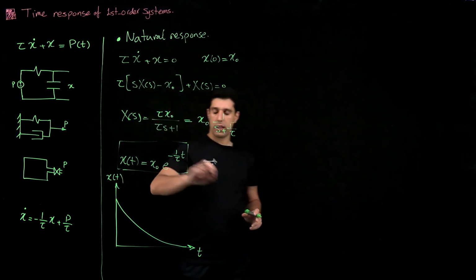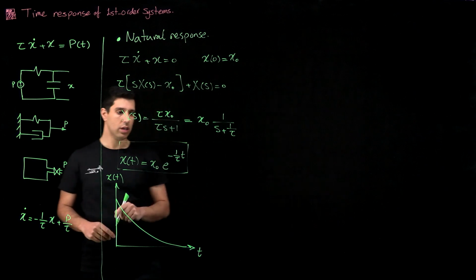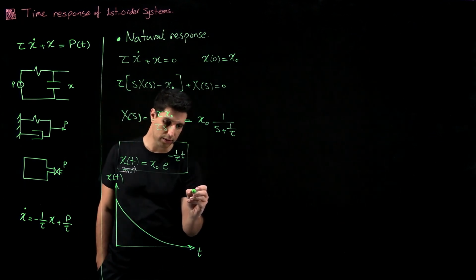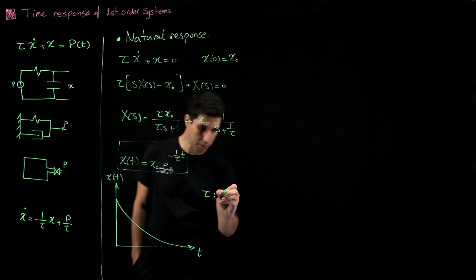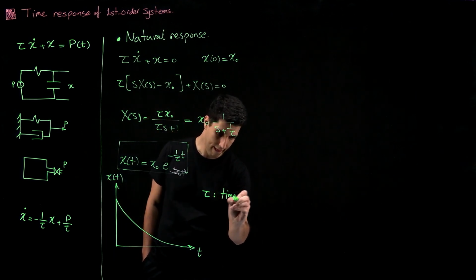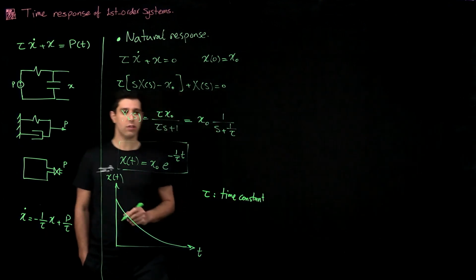let's take a moment and think about this tau. Tau here is a very characteristic term. Tau is called the time constant of this system.